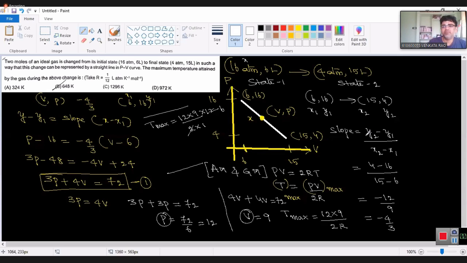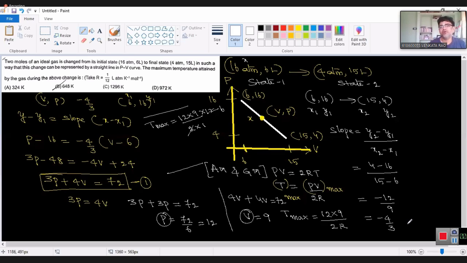Tell me, Tanay. Sir, can we say the product of pressure and volume is the area under the graph? Then also we can get it. Okay, no problem.